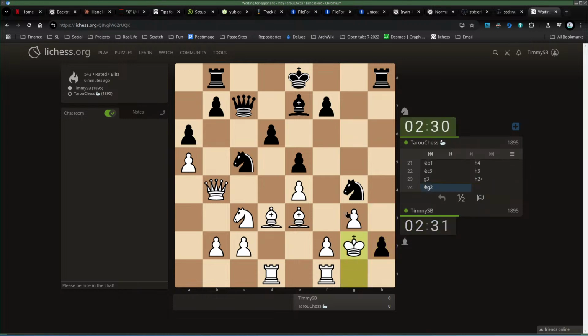I think I can go here. Goes to that diagonal, yes. Threatens a few things. So let's begin with blocking the pawn and attacking it and everything.